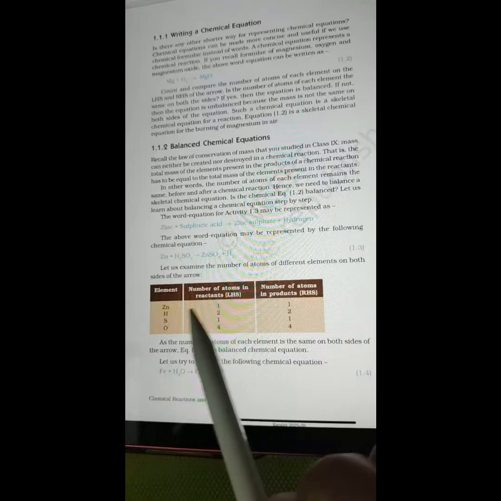So the elements are Zn, H, S and O. Their atoms on the LHS: for zinc it is 1, for hydrogen it is 2, for S it is 1, for O it is 4. And the number of atoms in the product is also the same. As the number of atoms of each element is the same on both the sides of the arrow, thus it is a balanced chemical equation. So that means this equation 1.3 is a balanced one.